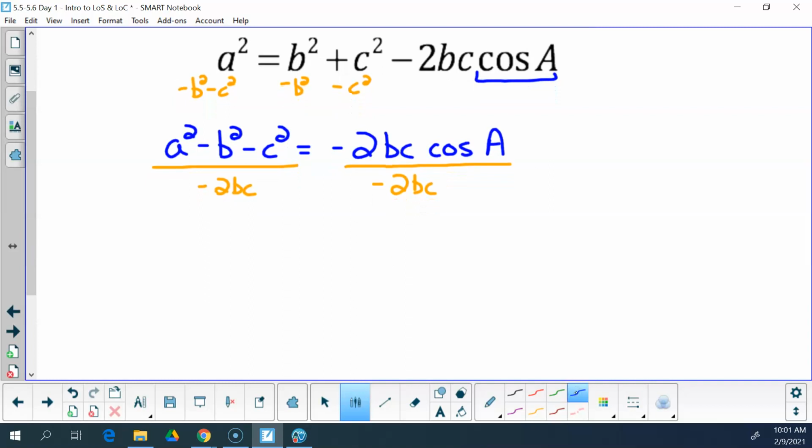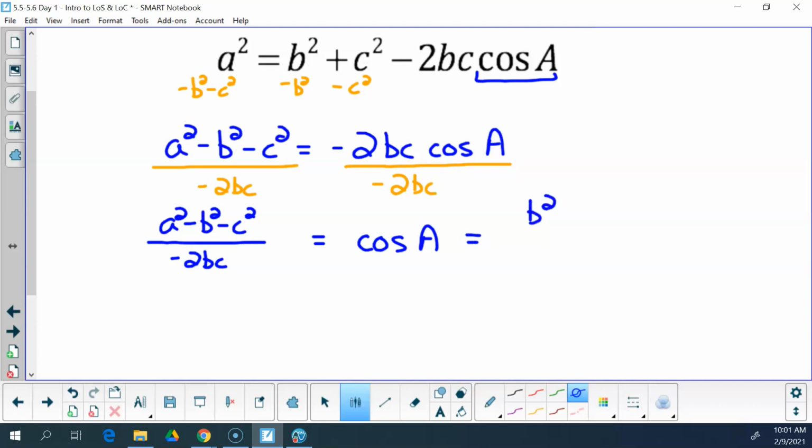That's going to give me cosine of A is equal to that fraction, but that fraction is also that, if I multiply the top by negative 1.